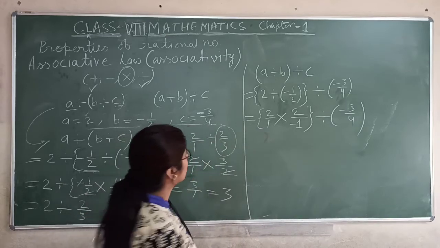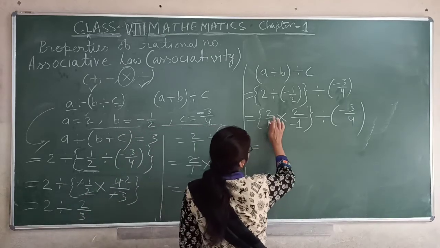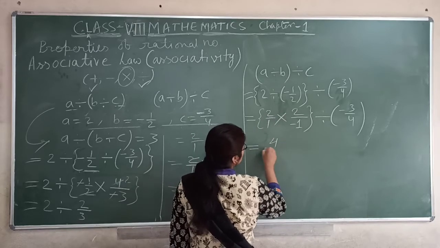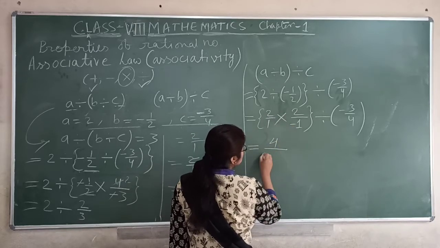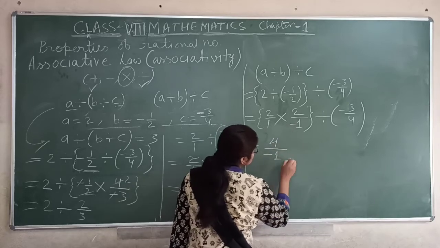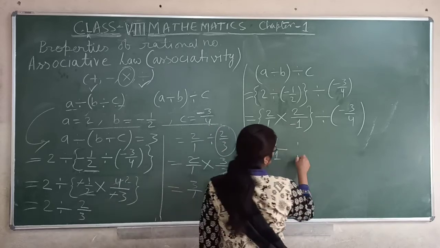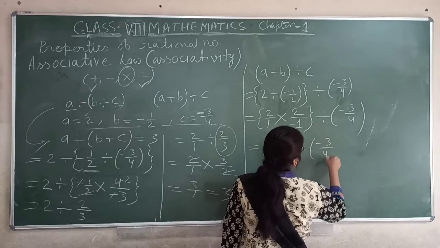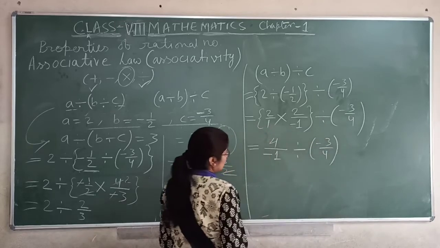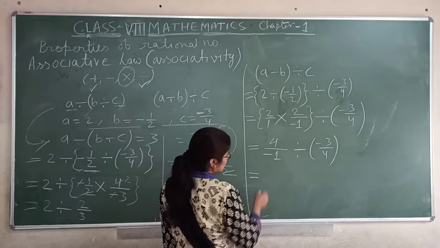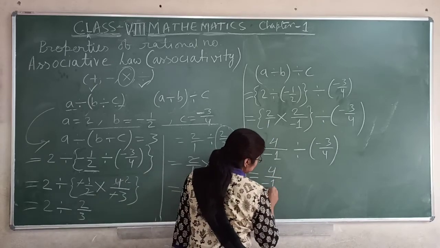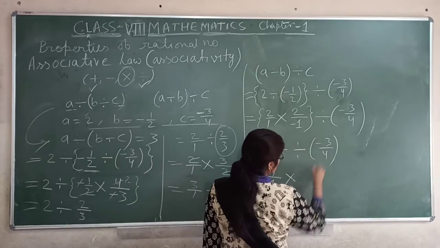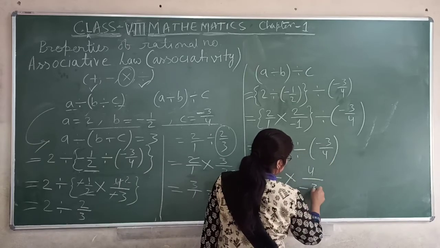Now nothing is being cancelled here, so multiply 2 into 2 is 4, and plus into minus is minus, 1 into 1 is 1, divided by minus 3 upon 4. Okay. Then we write this one as it is, 4 upon minus 1, and the sign changes to multiply with the reciprocal, 4 upon minus 3.